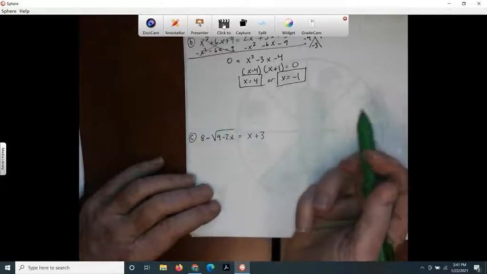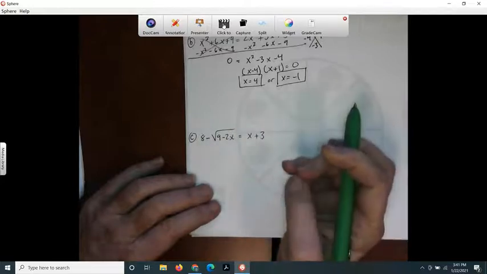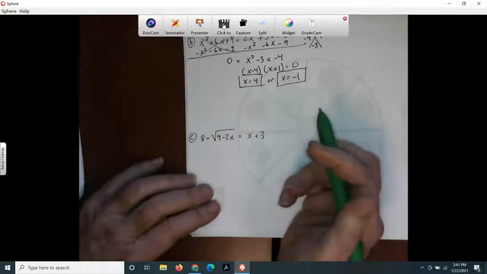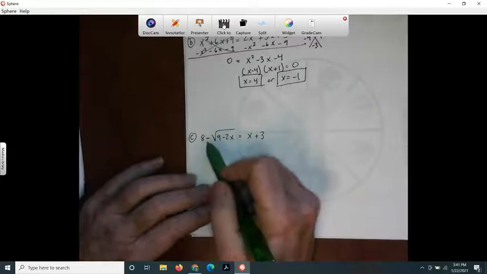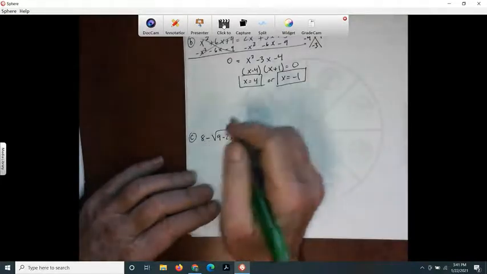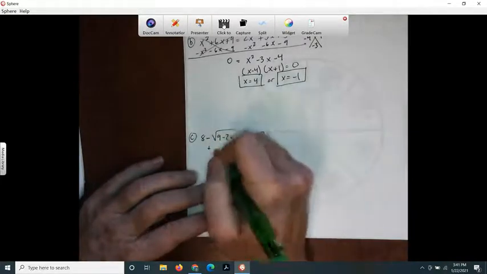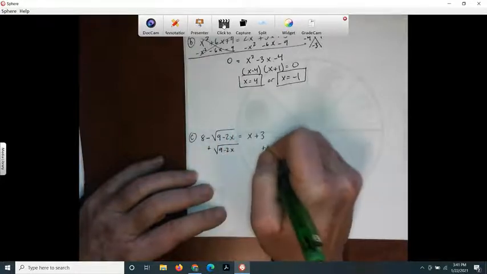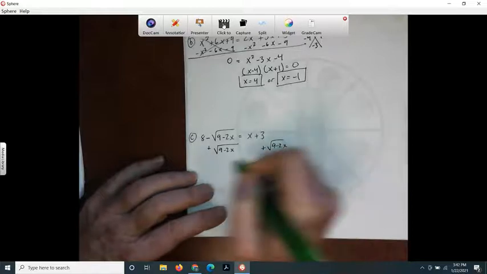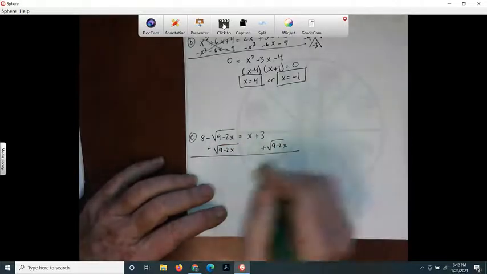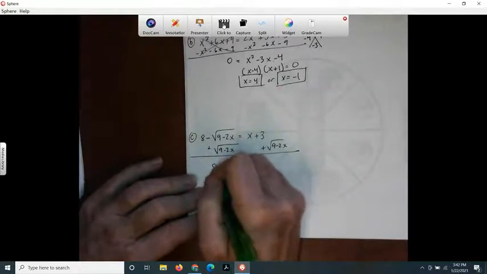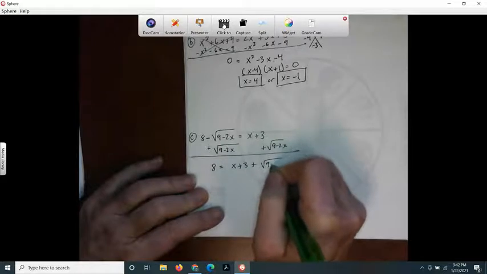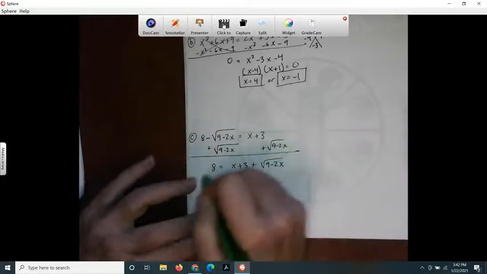So what I would do is, I don't like the negative sign in front of it, so I think I'm going to add it to both sides. And then I'm going to get everything else over here.